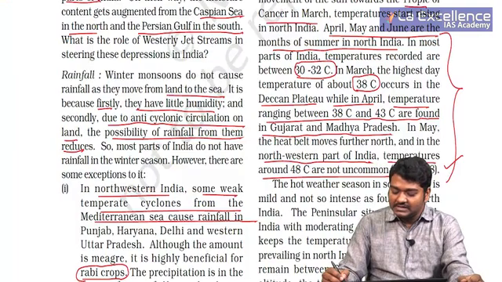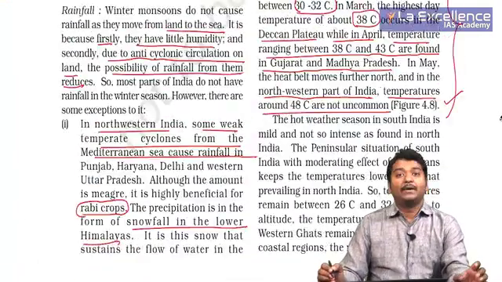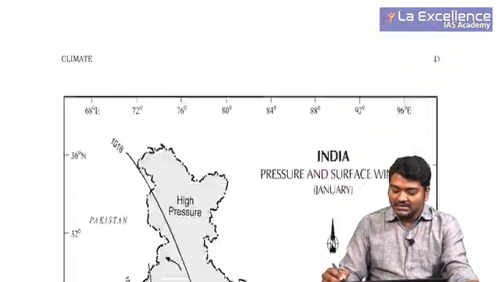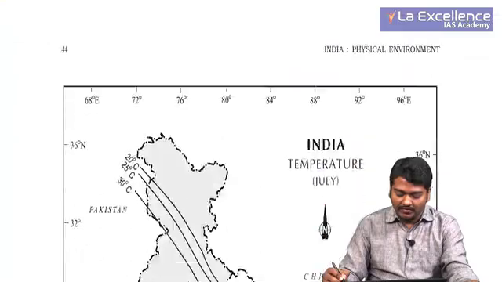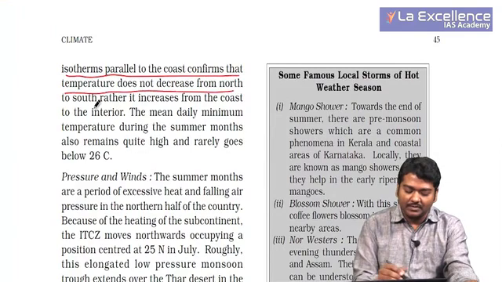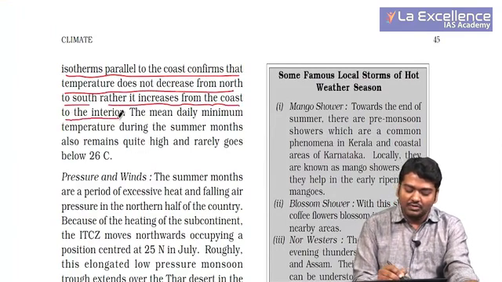The hot weather season in South India is not intense, similar to the winter as well, because of the breeze that takes place. This is very, very important for us. Some of the isotherms are parallel to the coast, confirming the temperature does not decrease from north to south, rather it increases from the coast to the interior.